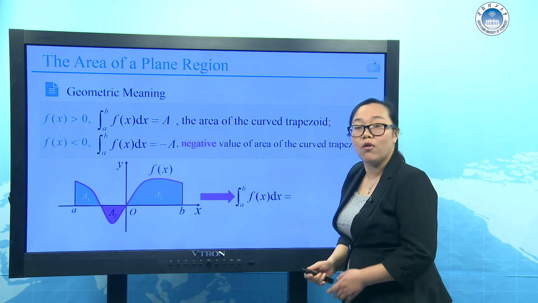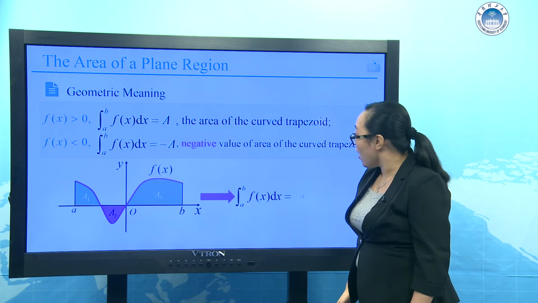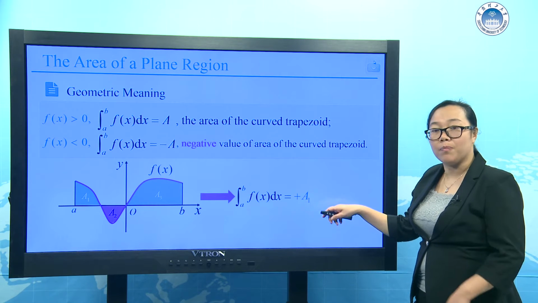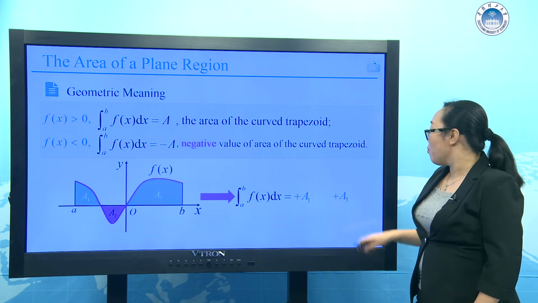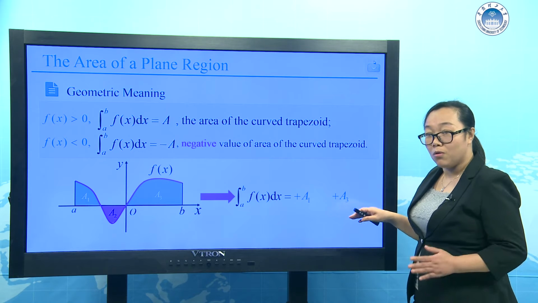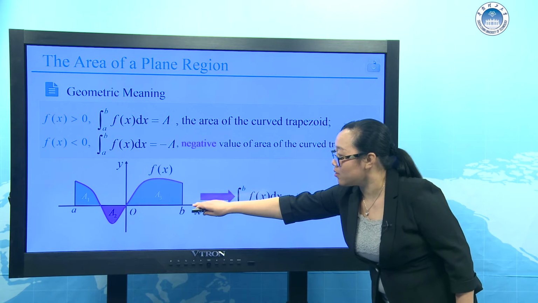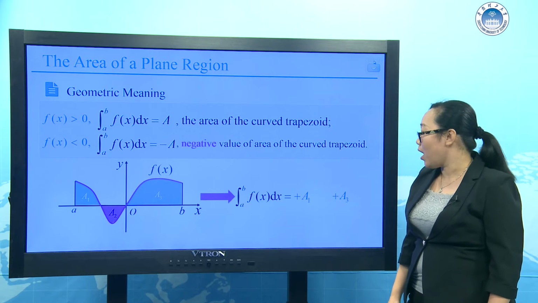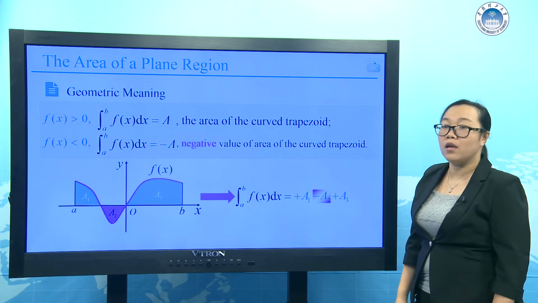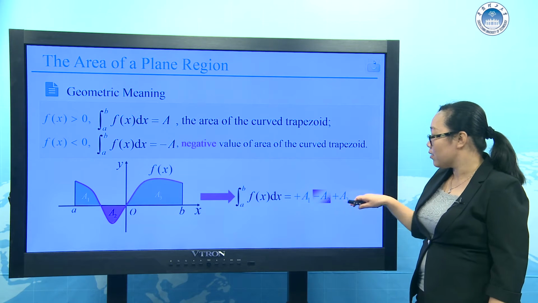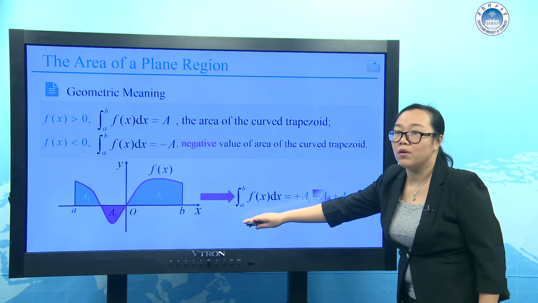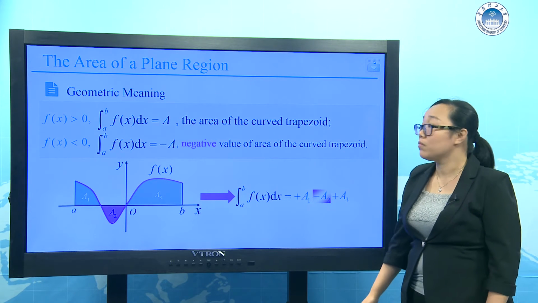So we have the following result: the part for A1 is positive A1, and for A3 is positive A3. Pay attention to A2: there f(x) is less than 0, so this part equals minus A2. Together, the final value is our definite integral.